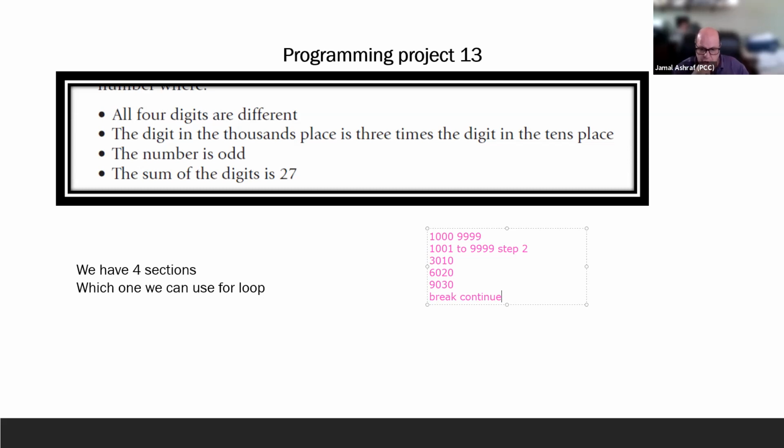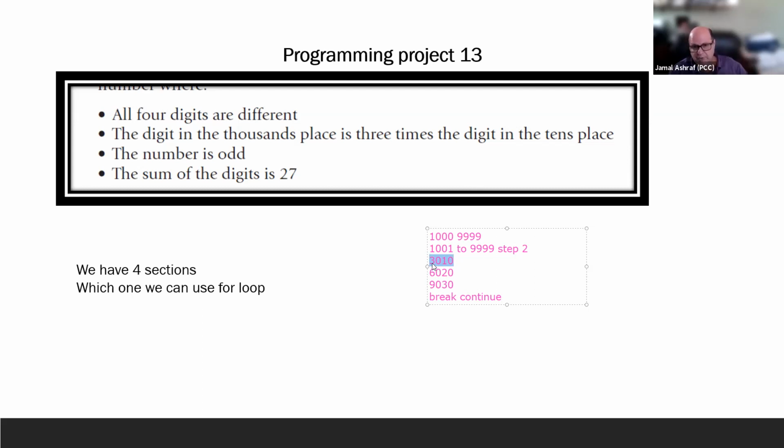Another thing I can do is, instead of creating one loop for the odd numbers, I can make 3 loops. One would start with 1001. Basically, I cannot have 1001. My loop has to start with 3000 because the 1000 has to be 3 times the 10. So going from 1000 to 3000, I'm wasting loops.